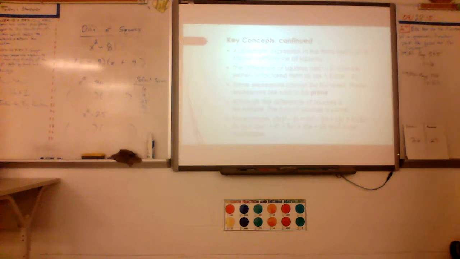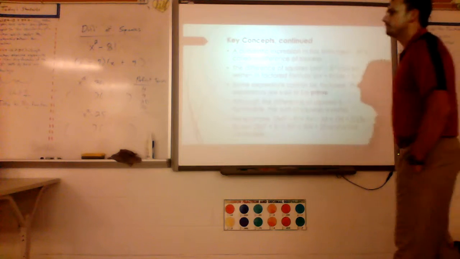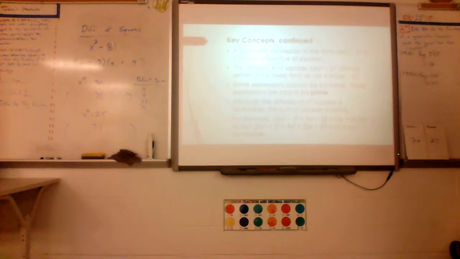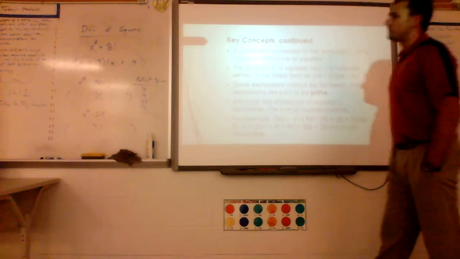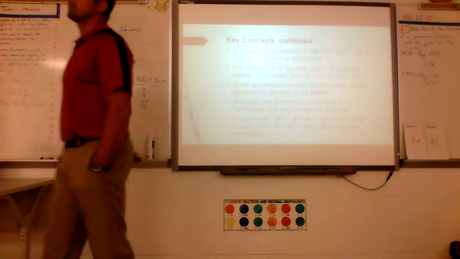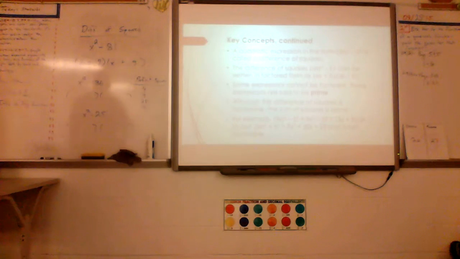First thing I do, does it have a GCF? Nope. It doesn't. Is it a difference of squares? It is. X squared is a perfect square. We just talked about 36 is a perfect square, and we just talked about 25 is a perfect square. The only thing you have to make sure you have when you put in your parentheses is a minus and a plus. It can't be 2 minuses, and it can't be 2 pluses.